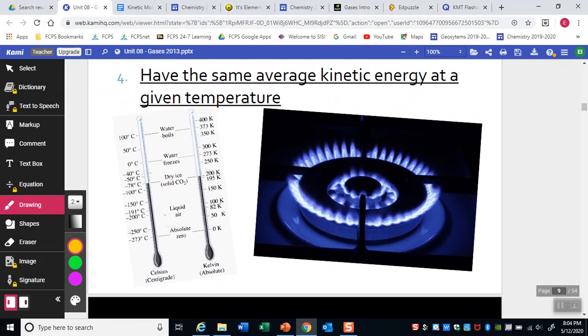And the 2 scales that we'll be using to measure them are Kelvin, which is absolute, and Celsius, the centigrade scale. All right. The difference is that 0 degrees Kelvin is called absolute zero, and that's actually minus 273 degrees Celsius. So what that means is that 273 kelvins is 0 degrees Celsius.